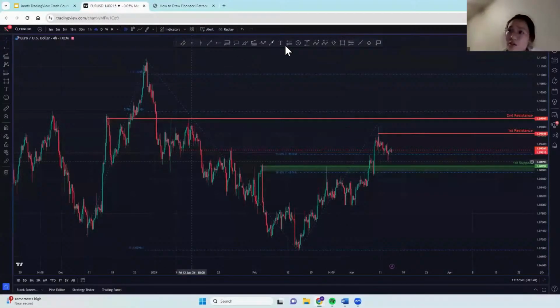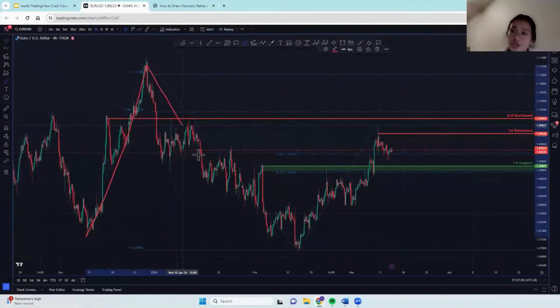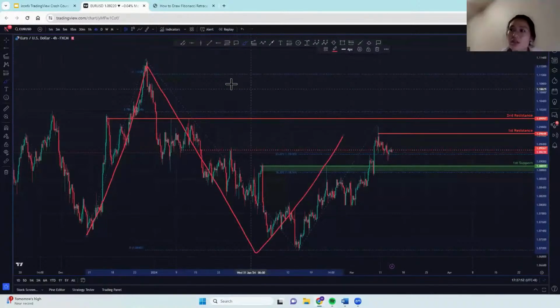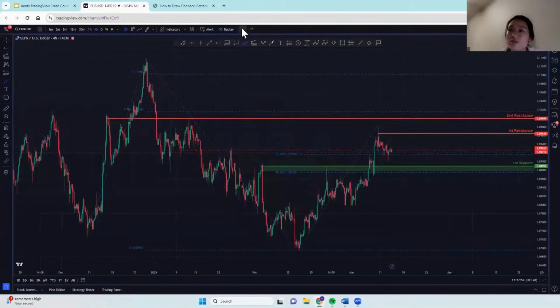But for this one, I'll just briefly go through why we are using it. For Fibonacci projection, you're looking for a flash kind of shape, like a lightning bolt shape.